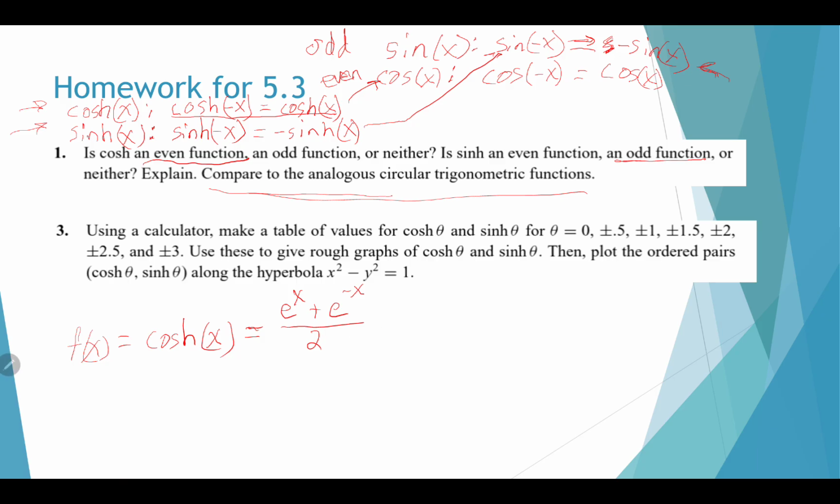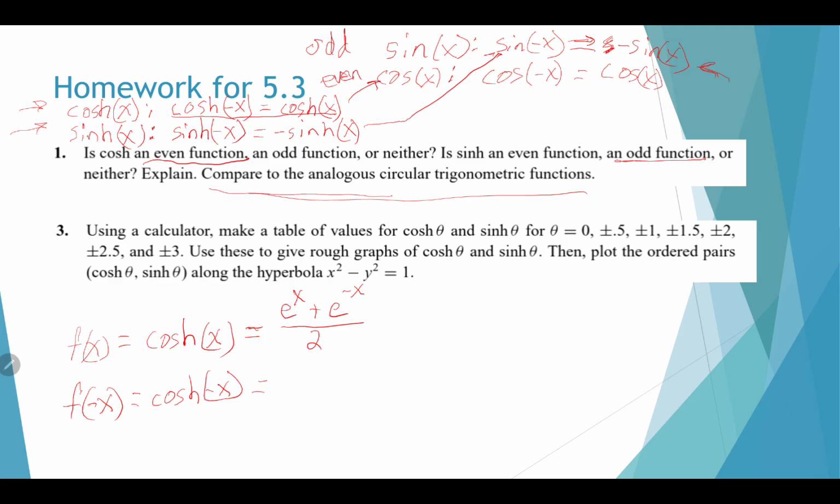which is fine. So now let's consider what if I do f of negative x. We know we want it to come out to be the same thing, right? Because we want this to show that it's even. But let's see what happens. So this is cosh of negative x.